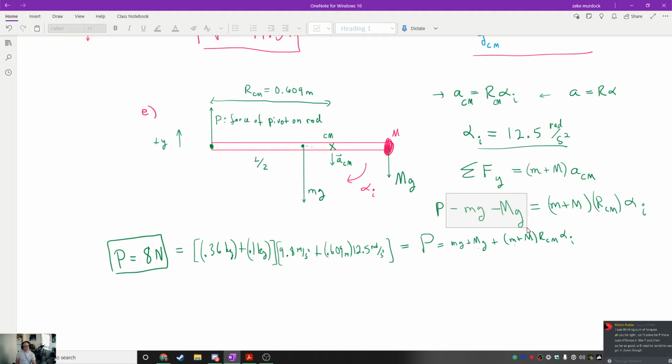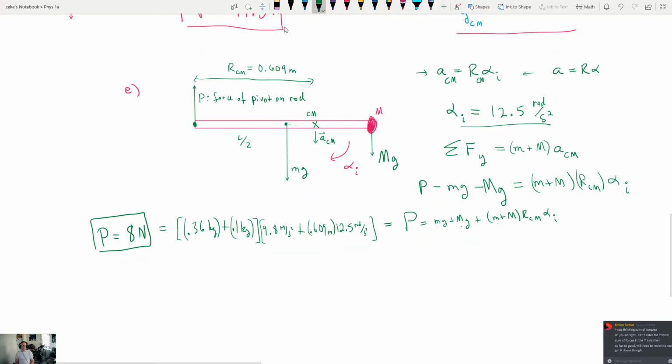I think it does change the answer. Because the acceleration of the center of mass goes downwards, right? Which means I should have made that direction positive to be consistent with the way that I've taught you all to do this stuff.